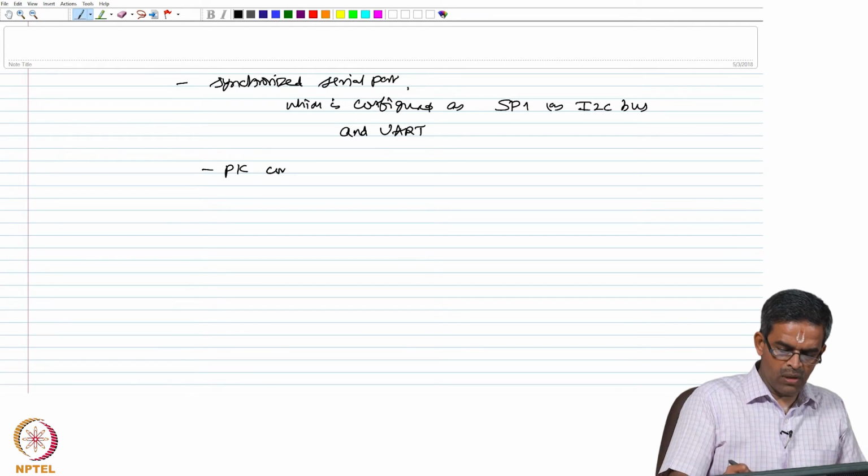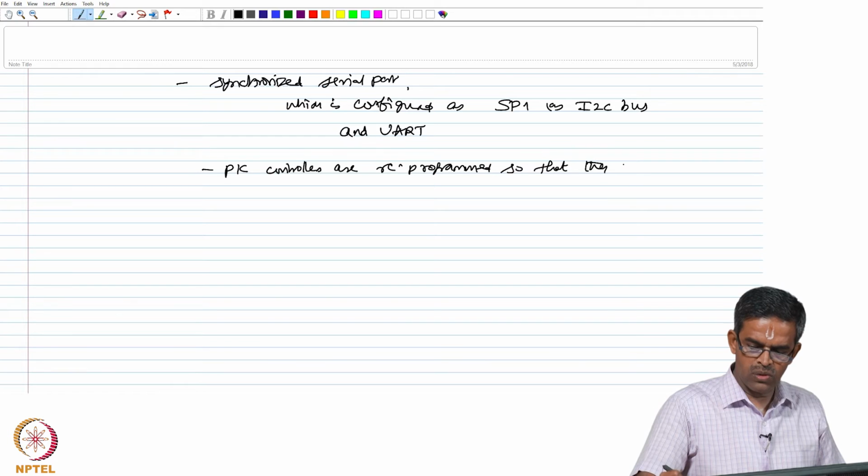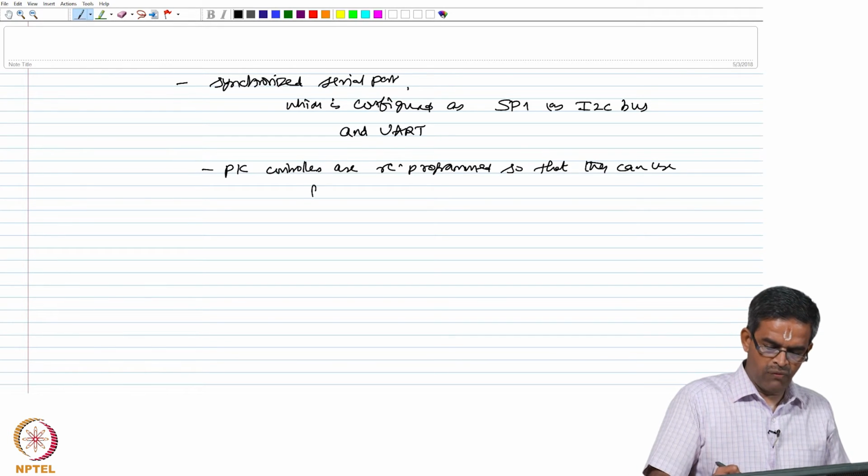The PIC controllers are reprogrammed so that they can use the flash memory.